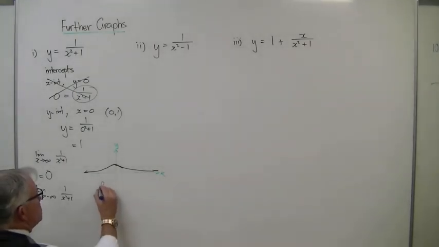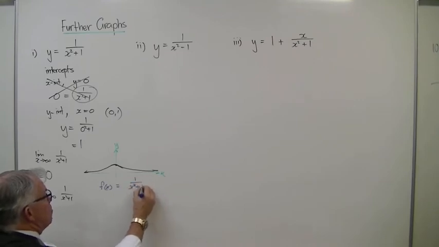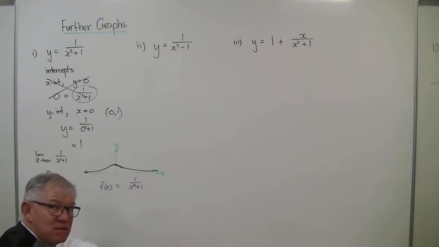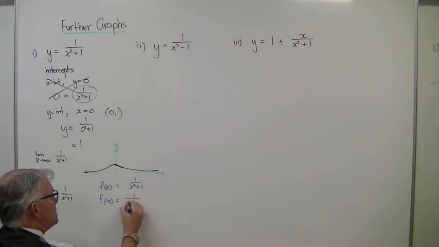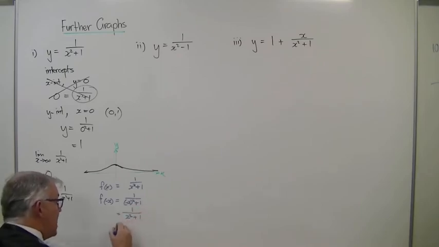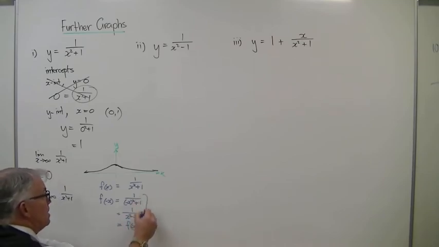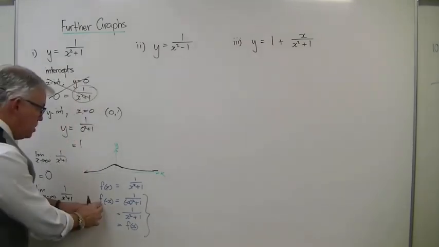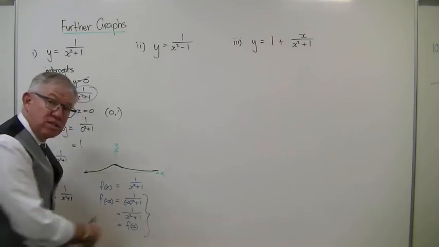If function f of x is equal to 1 on x squared plus 1, let's try it. What's function f of minus x? Well, that would be 1 on minus x squared plus 1, which equals 1 on x squared plus 1, which equals function f of x, and that is the condition that we need for an even function, that f of minus x is equal to f of x.